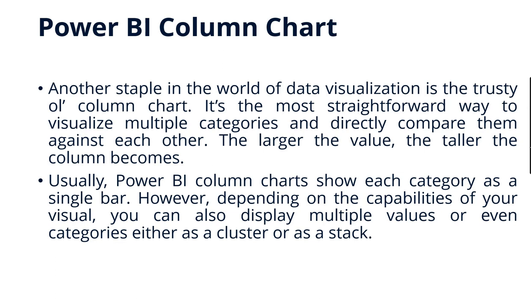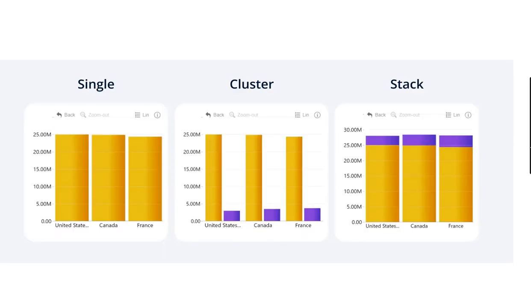However, depending on the capabilities of your visual, you can also display multiple values or even categories as a cluster or as a stack. So these are different types of Power BI column chart: this is a cluster, this is single value, and this is a stack. So we can see a column chart is used in many visuals, and it's the best way to compare different kinds of categorical things.